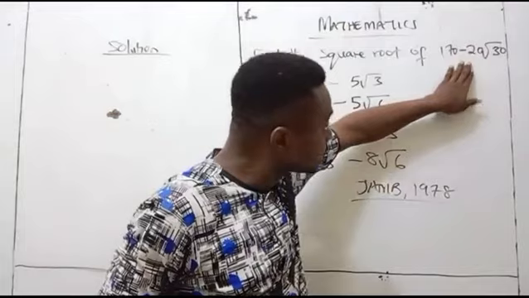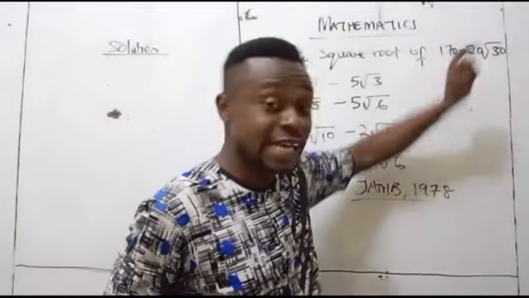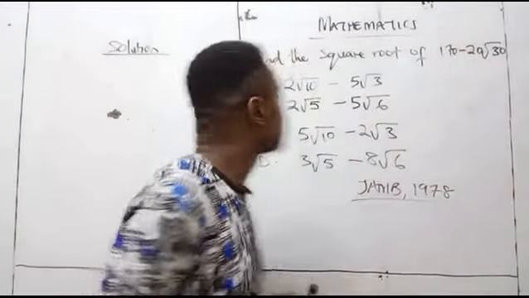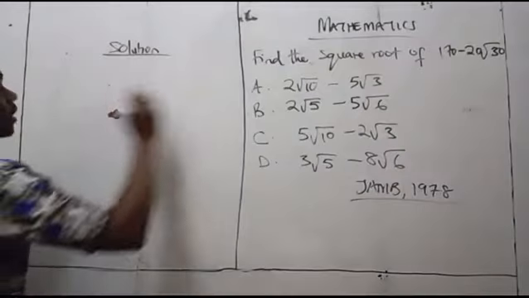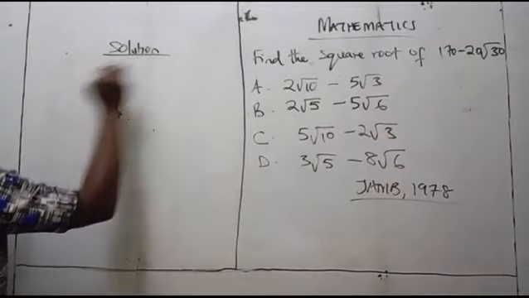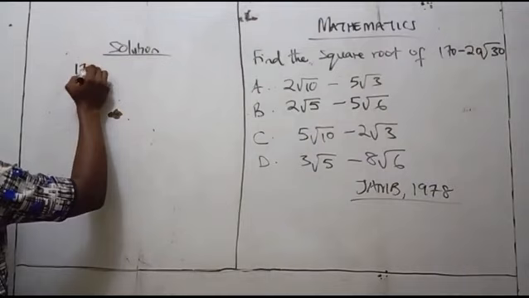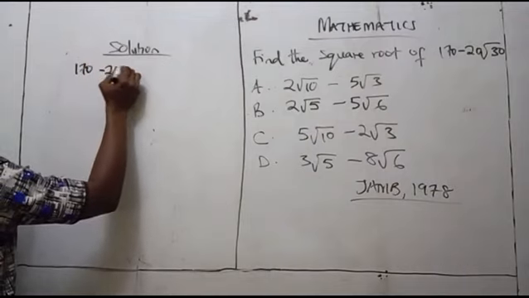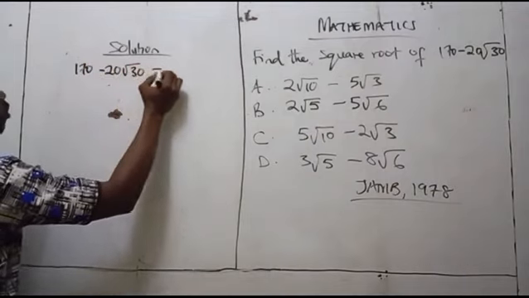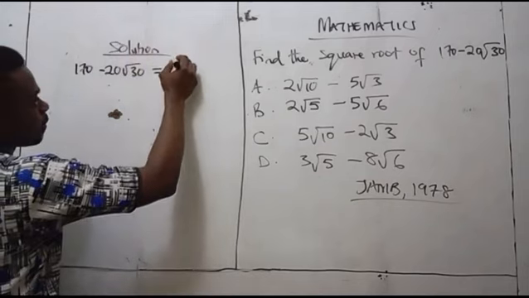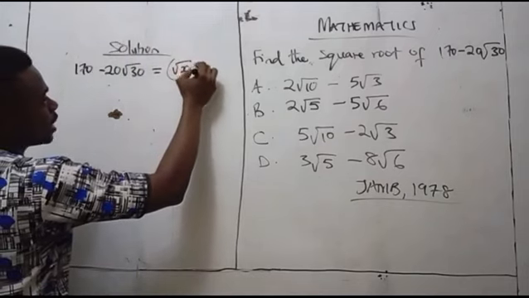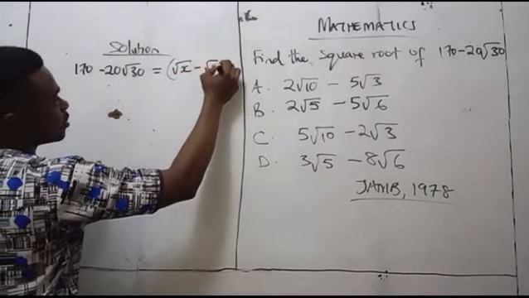We can equate this to the square of root x minus root y. So let this 170 minus 20 root 30 be equal to the square of root x minus root y.